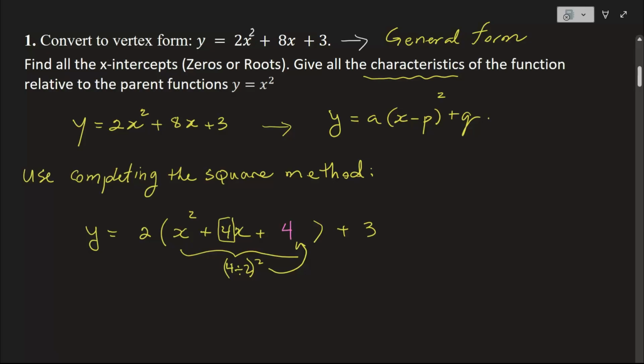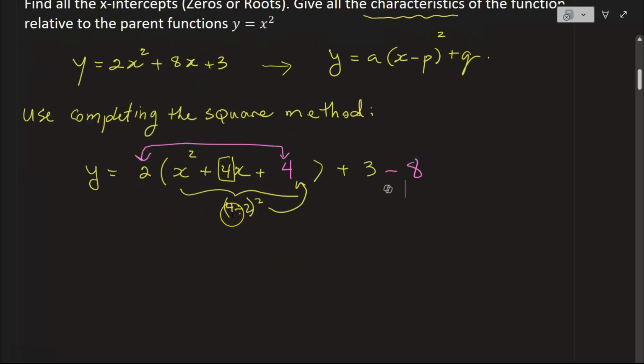All right, now whatever we add to this side, we also have to neutralize it. We can add to the other side, but we don't want to go to the other side; we're just going to deal with the one side. So we need to neutralize that, and the trick is this: you didn't just add 4, you added 2 times 4, so you have to take that away from the same side. Now we're going to rewrite this expression in terms of a perfect square trinomial.